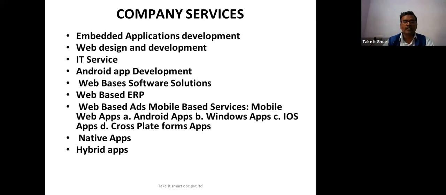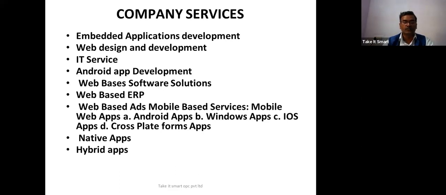Fine. So now you are all familiar with mobile-based services. Many apps are there. E-commerce apps are there. People are using them to buy things. Correct? Now different types of apps are there. Android apps, Windows apps, Mac.